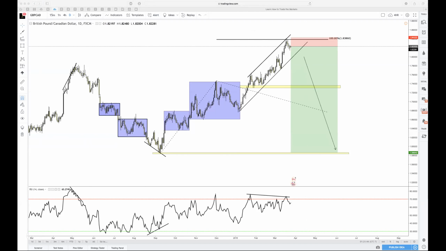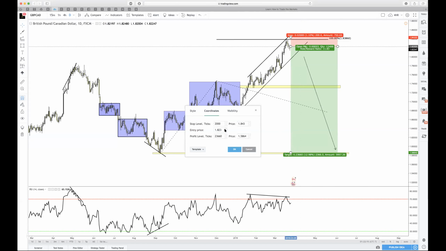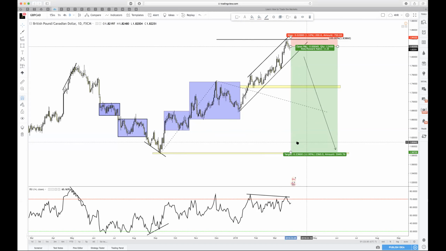Okay. Sell GBP CAD, stop loss is 1.84300. Take profit is 1.58640. Let me see why there is a number issue.